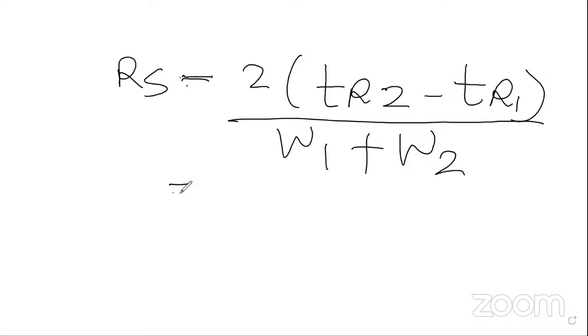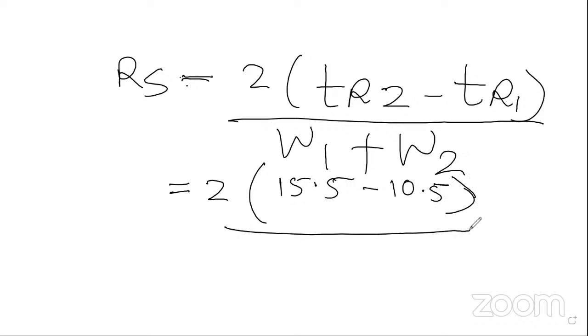Now we will substitute the values. What is the retention time of our second compound? It is 15.5 minus the retention time of the first compound, which is 10.5, divided by what is the width of our first compound? It is 0.7. And what is the width of our second compound? It is 0.4.